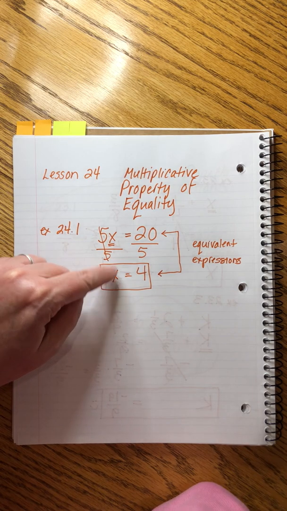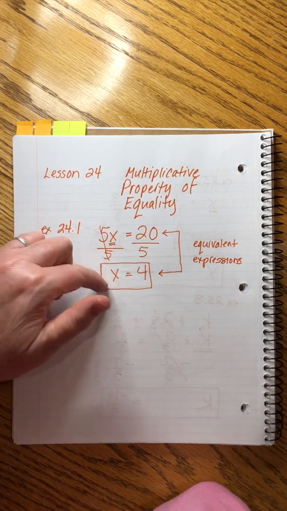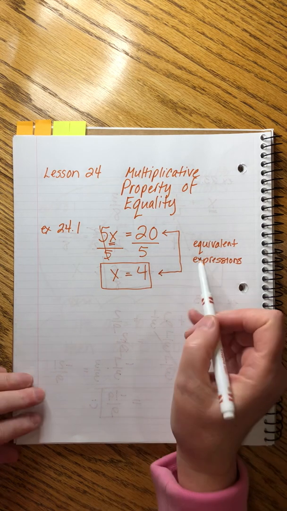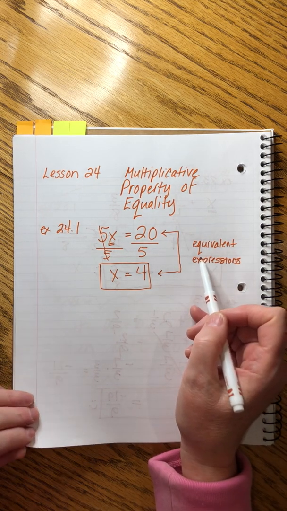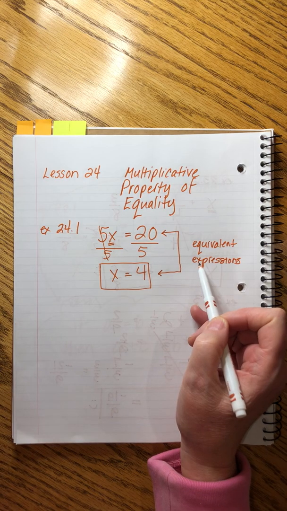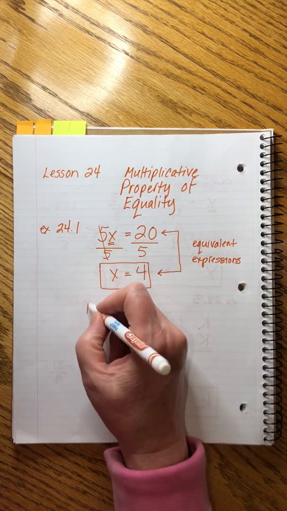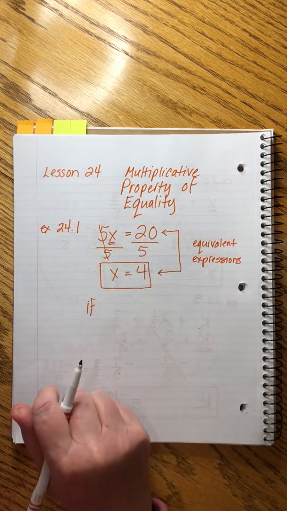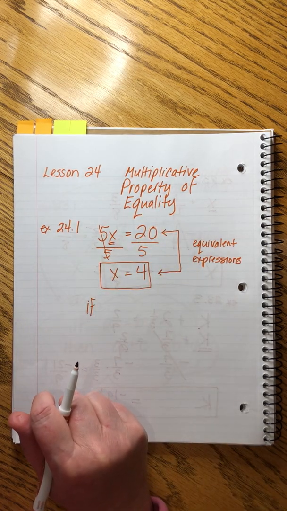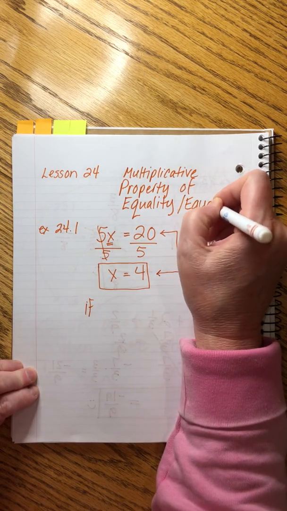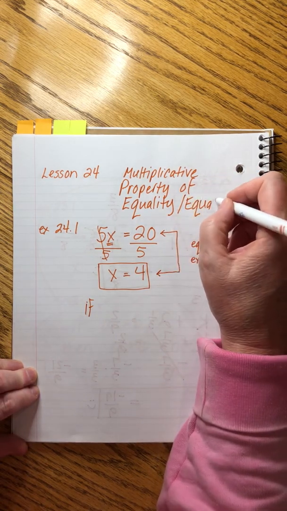But once we get it figured out, we can see, oh yeah, this means the very same thing, doesn't it? So this equivalent expressions thing is true here. And then this is the way we write the multiplicative property of equality, or we could say equations. I like that better. Equality just sounds hard.